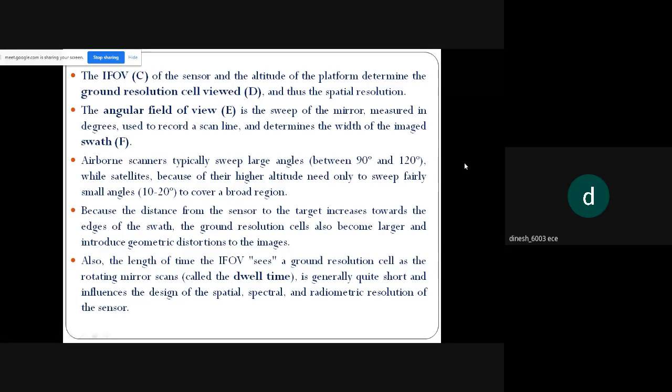Then we have the IFOV of the sensor and the altitude of the platform that determines the ground resolution cell, which is D. And thus we get the spatial resolution.